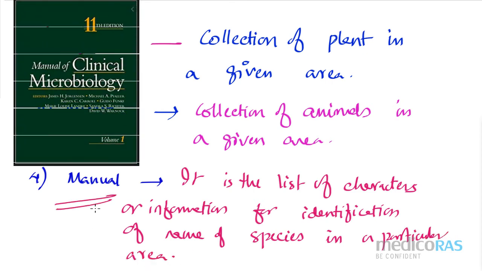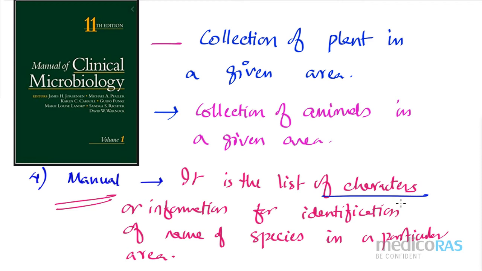This is something like a name book. You identify some information and characters, make one list, and from that list, if I can give the name of the species, then that is known as manual. So we can consider it a name book.